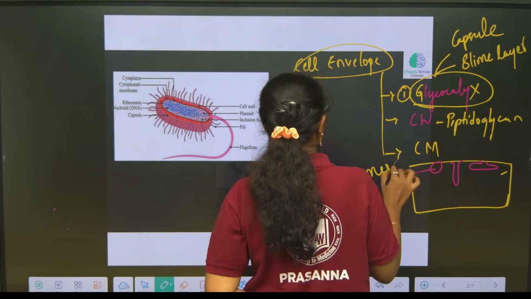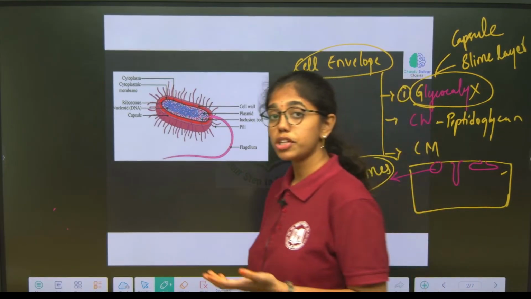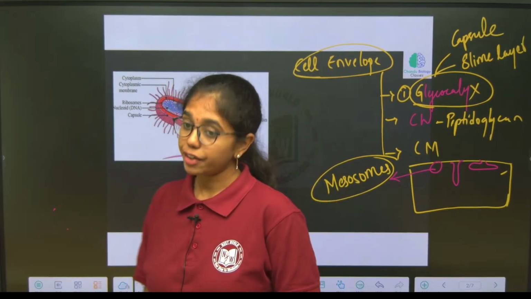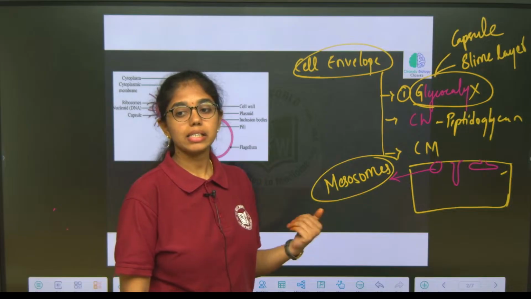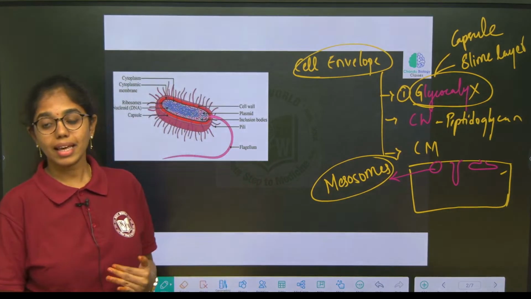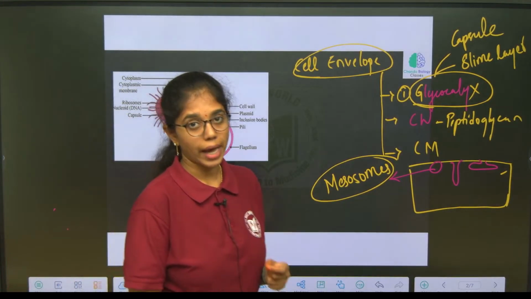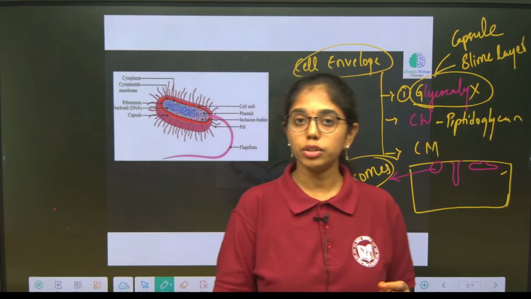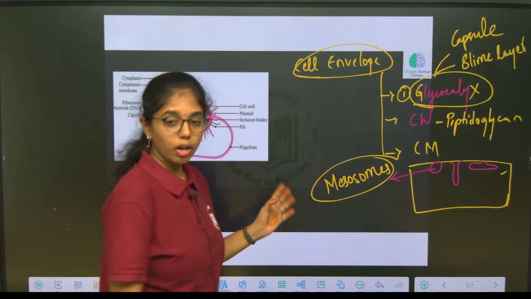These mesosomes will do multiple functions like cell wall formation, DNA replication, daughter cell formation, respiration, secretion and increase in surface area. Amongst all this, the major function is respiration. That is the reason mesosomes of a prokaryotic cell are equivalent to mitochondria of a eukaryotic cell. So, this is all about mesosomes.